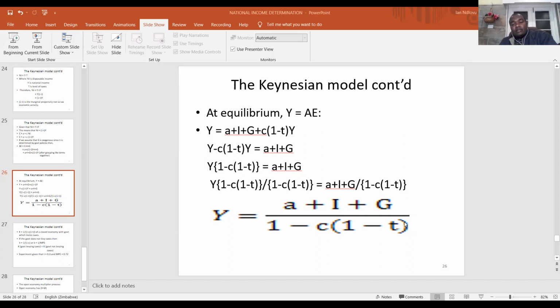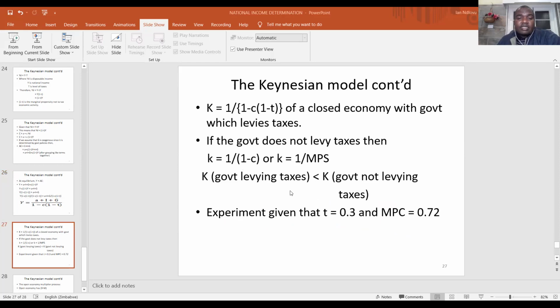The other part is the multiplier for a closed economy with government, which is levying taxes. So K equals 1 over 1 minus c factor of 1 minus t is the closed economy multiplier with government, which is levying taxes. If the government does not levy any taxes, the multiplier will still remain the same as the two-sector economy multiplier, which is 1 over 1 minus c, or simply K is equal to 1 over MPS.